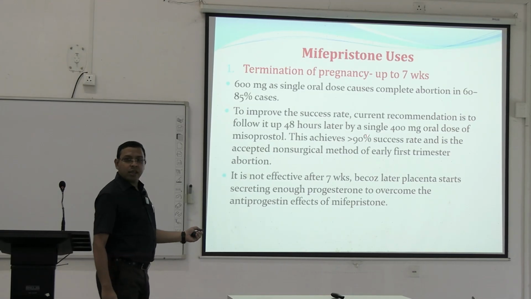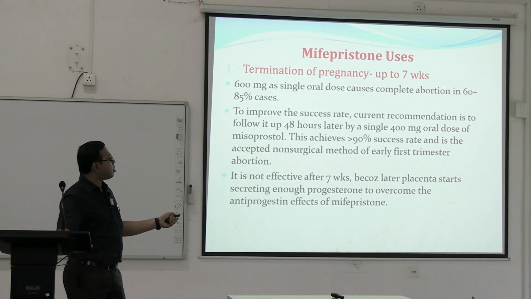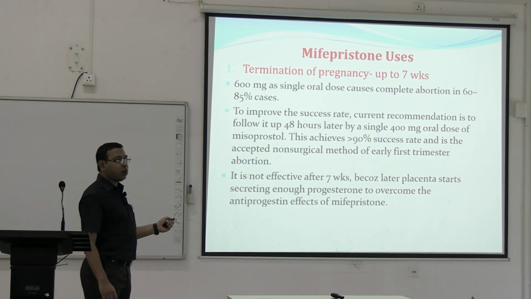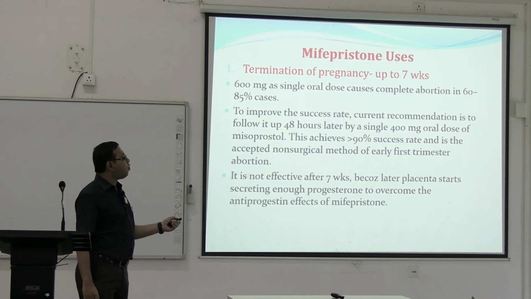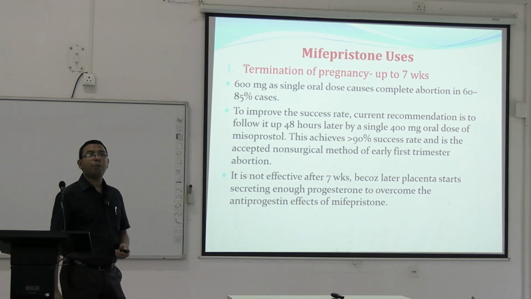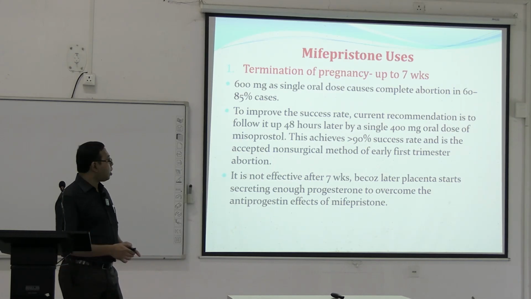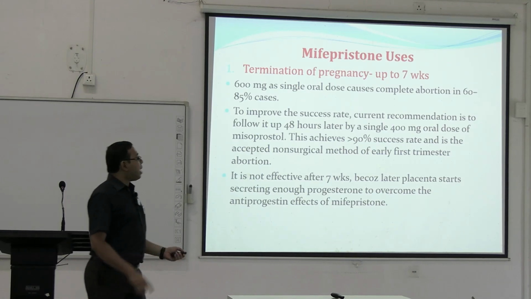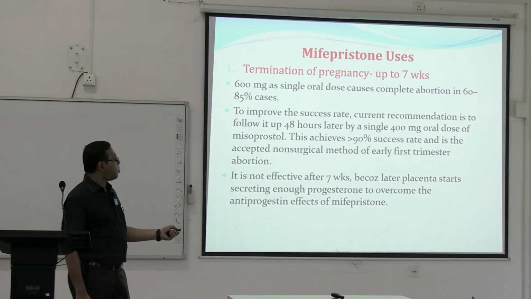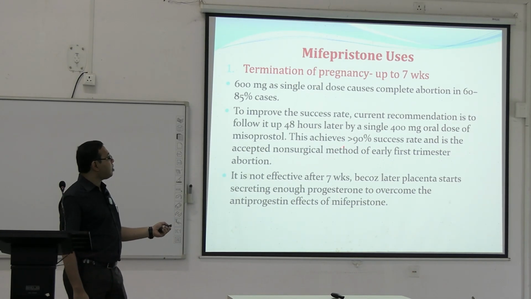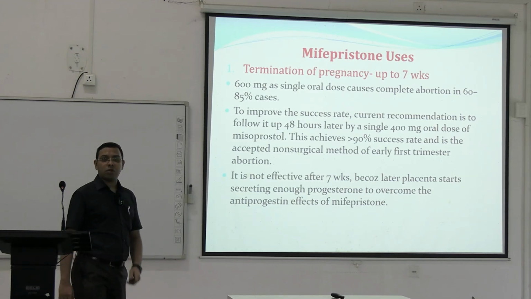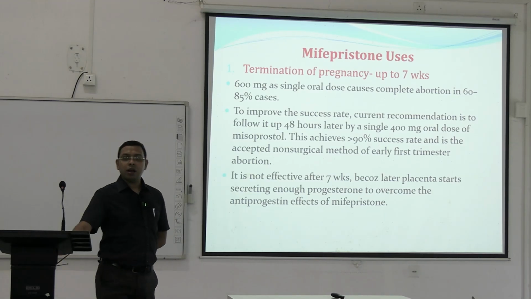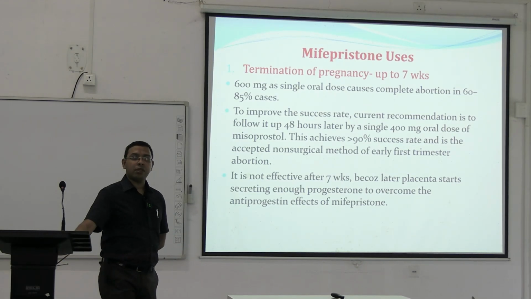To improve the success rate, that is to improve this 60 to 85%, the current recommendation is to follow it up 48 hours later by a single 400 milligram oral dose of misoprostol. Okay. This misoprostol causes more uterine contraction. So this achieves greater than 90% success rate and is the accepted non-surgical method of early first trimester abortion. This is known as the medical termination of pregnancy or early first trimester abortion.